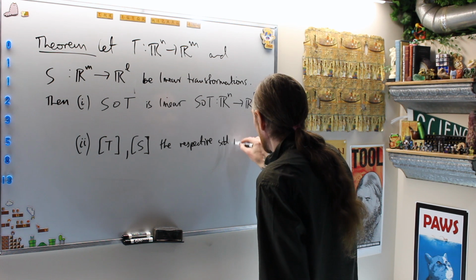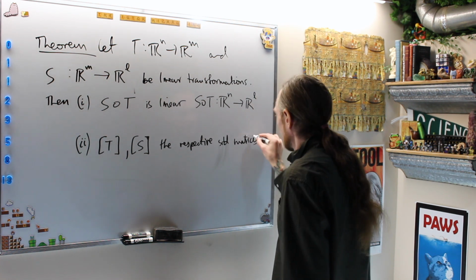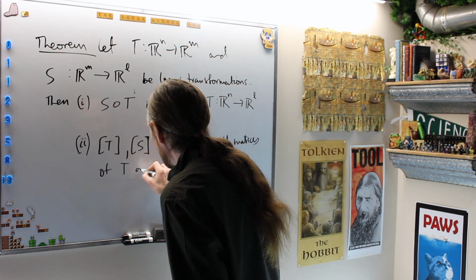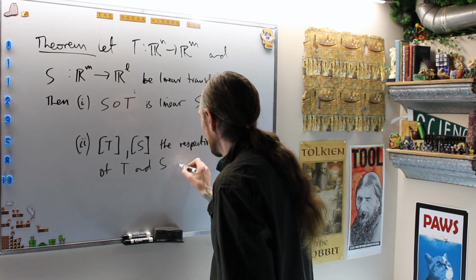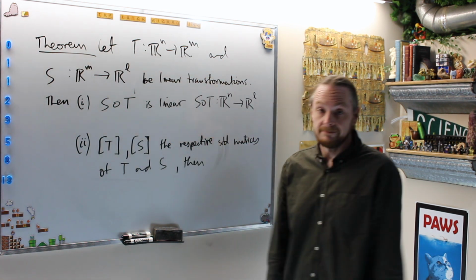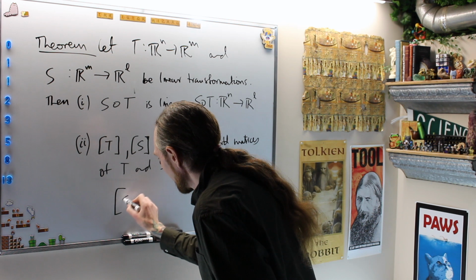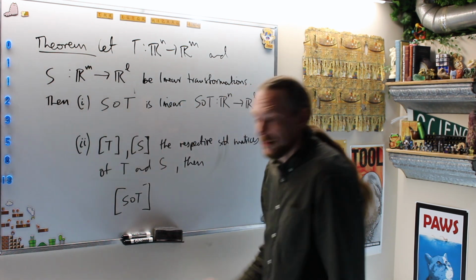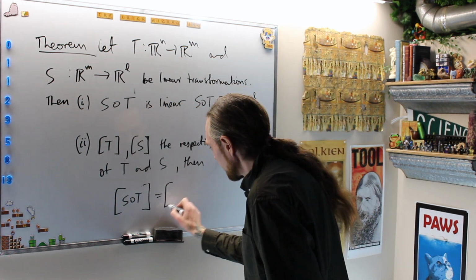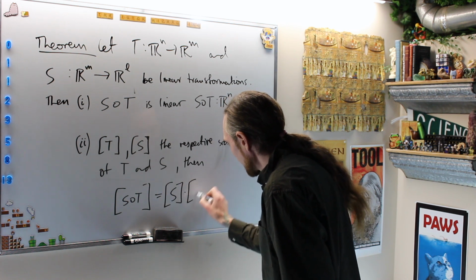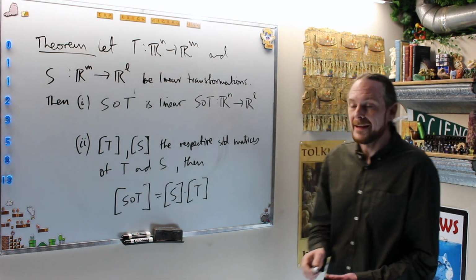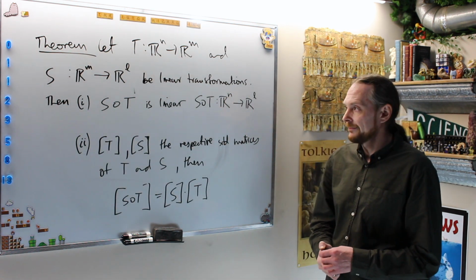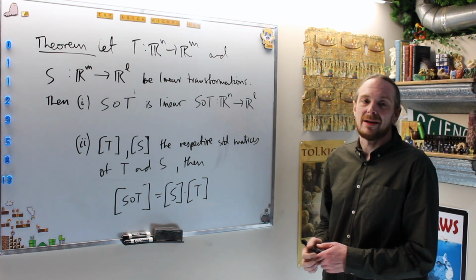The respective standard matrices of T and S, then the standard matrix of S following T is matrix multiplication of S on the left by S and T. This theorem is saying it's not that bad.